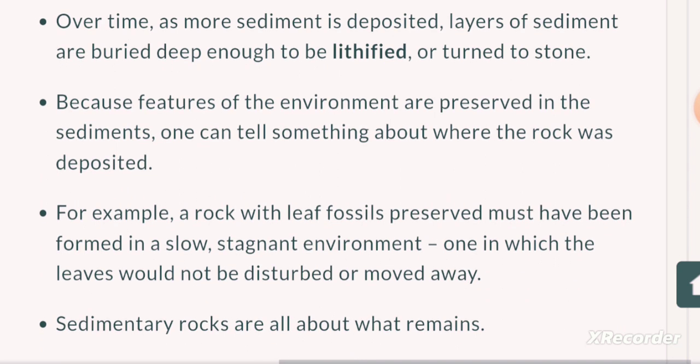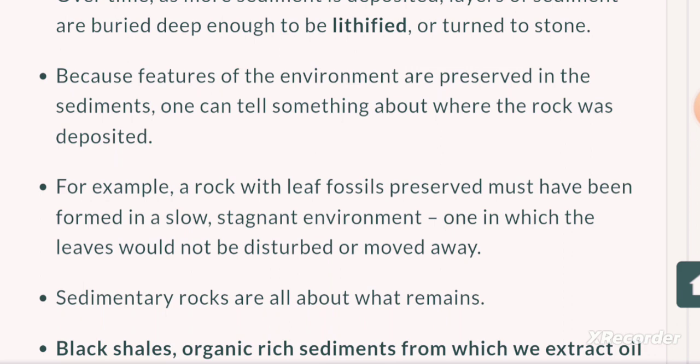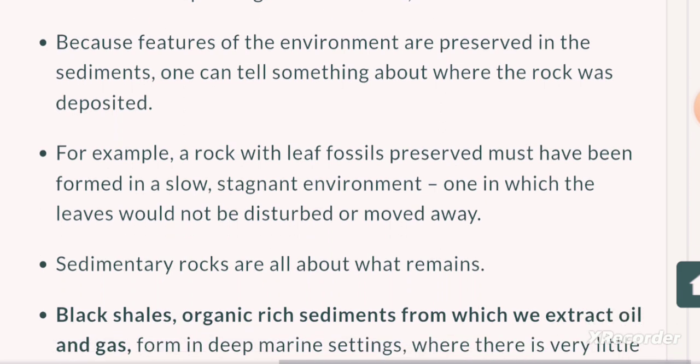Because the features of the environment are preserved in the sediments, one can tell something about where the rock was deposited. For example, a rock with a leaf fossil preserved must have been formed in a slow, stagnant environment, one in which the leaves would not be disturbed or moved away.